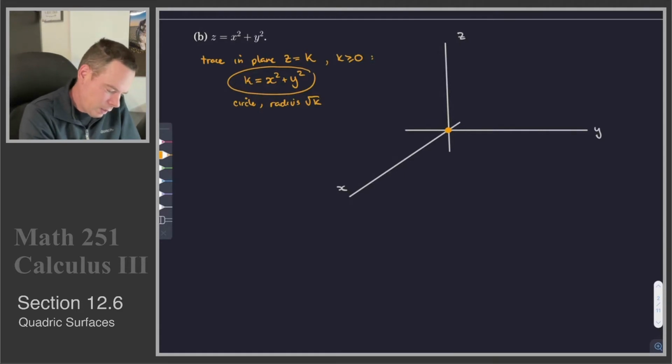But the idea is we're getting circles now. So we're getting a circle, like right up here, and then a little bit lower we're getting another circle, and then so on. A little bit lower we're getting another circle.